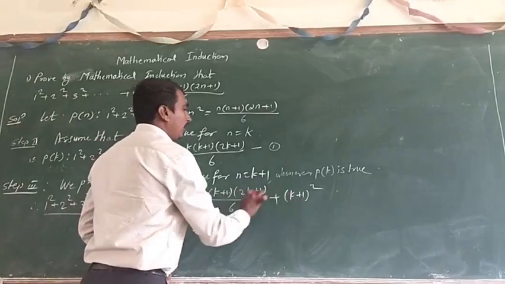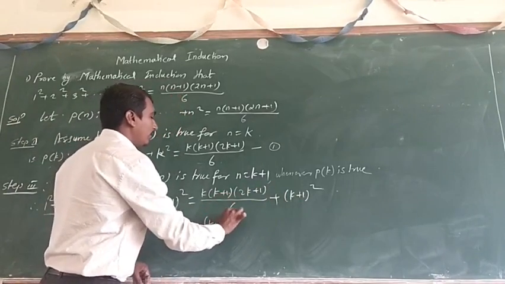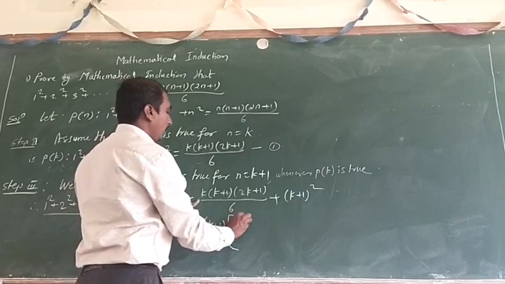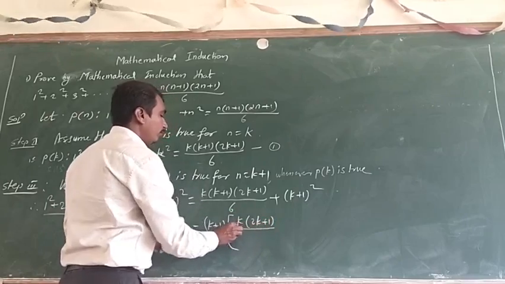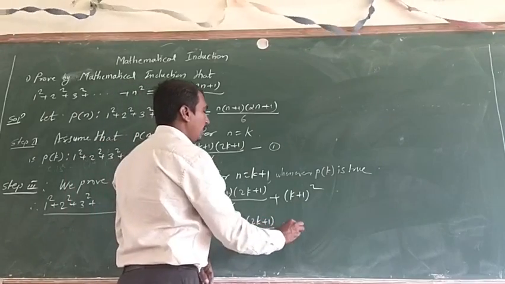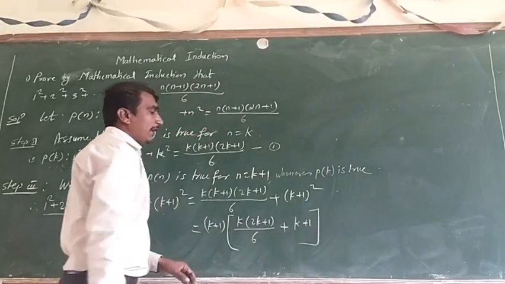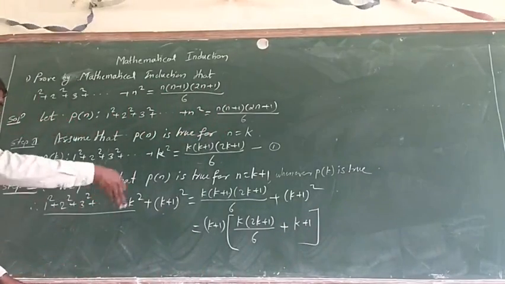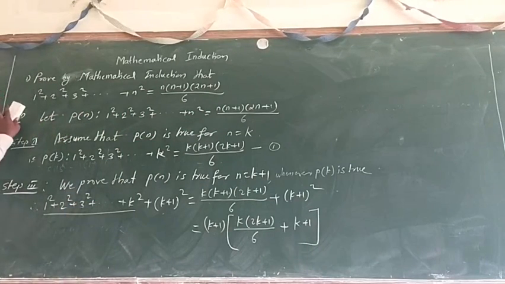Now from both the terms k plus 1 is a common one, take it outside. K plus 1 into bracket, here left is k into bracket 2k plus 1 by 6 plus k plus 1. Now we have to cross multiply this one.